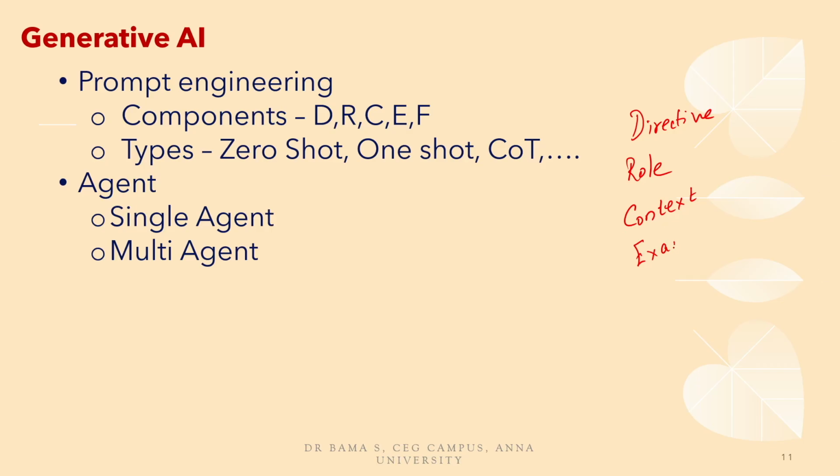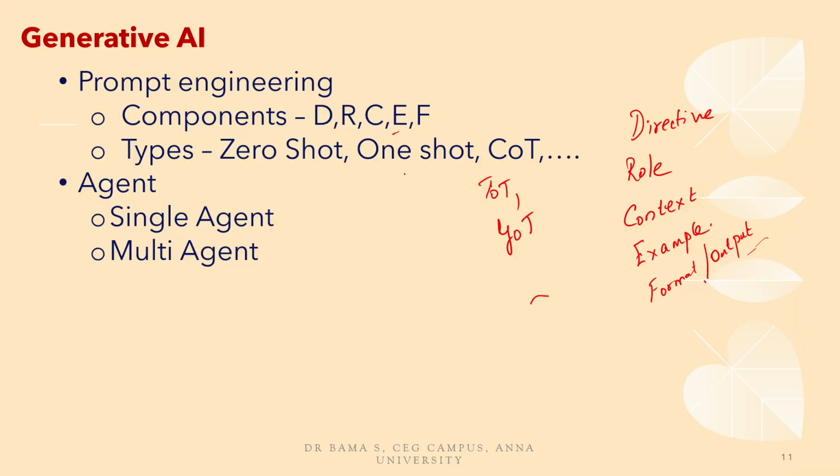In addition, we gave examples for E, and the format of the output, how the response should be from the LLM. We also saw the different types of prompts like zero shot, one shot, chain of thought, tree of thought, and graph of thought. We have seen some examples of them, both the theoretical side as well as the practical side of implementation.